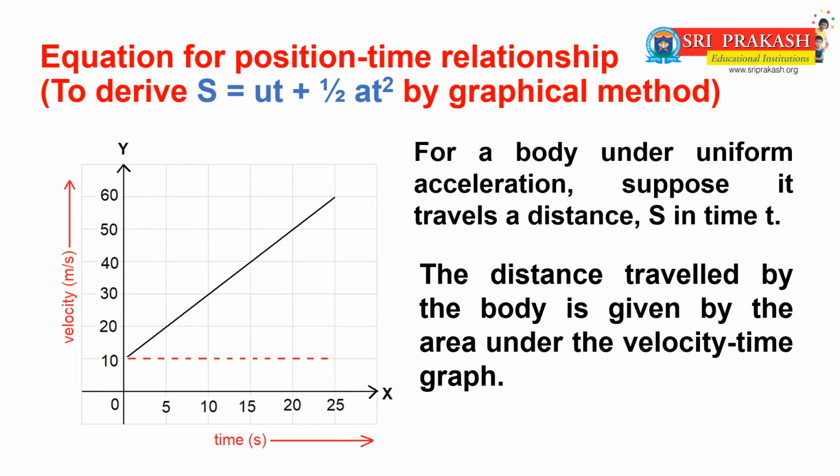In order to find the area, we split it into two geometric shapes. One, the rectangle, the second one, triangle. We find these areas separately and add them to get the complete area under the velocity time graph.